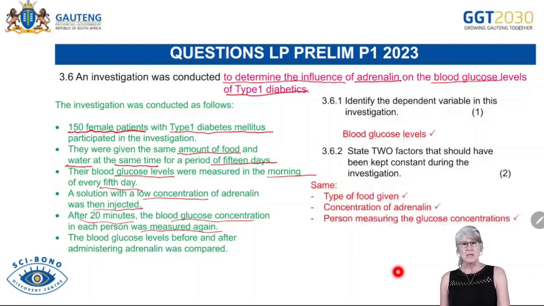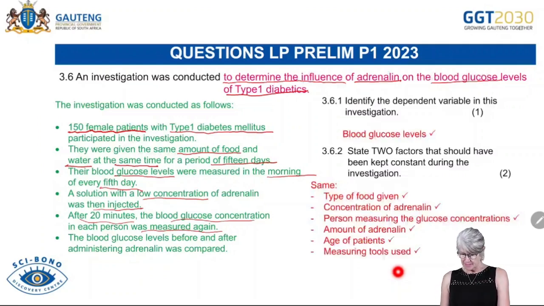The person measuring the glucose concentrations must be the same person, so that they measure it in the same way. The amount of adrenaline given to the participants must be the same. The age of the patients should all be the same, because possibly at different ages the metabolism would be different. The measuring tools must be the same. The body mass of the patient should be the same. And any 2 of those you can give.